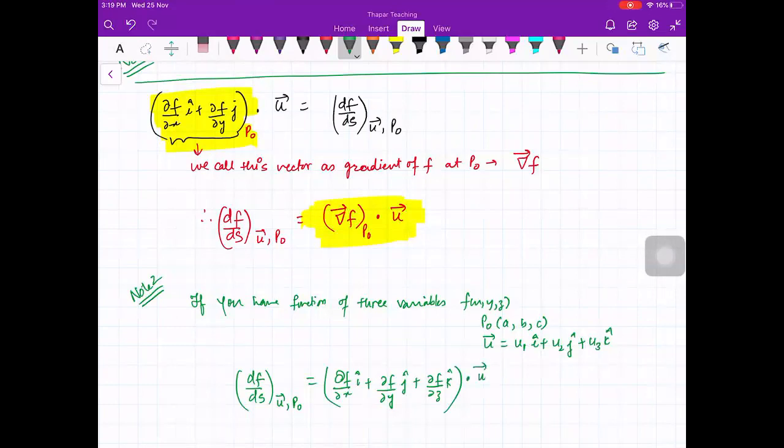Again we call this vector the gradient, so this can be written as the gradient of f at the point p₀ dot product with u vector. Is that thing clear?